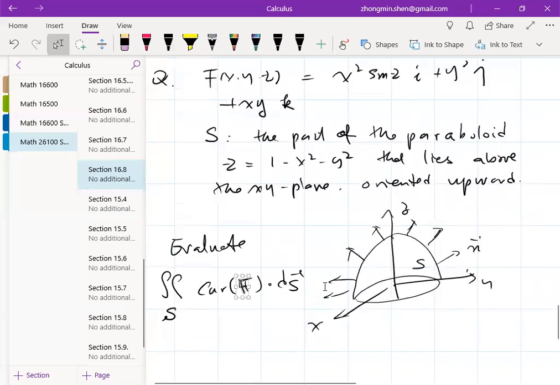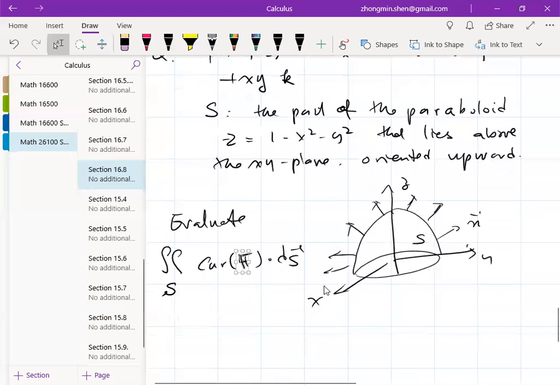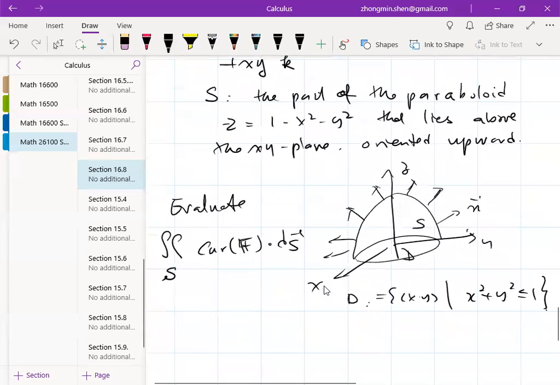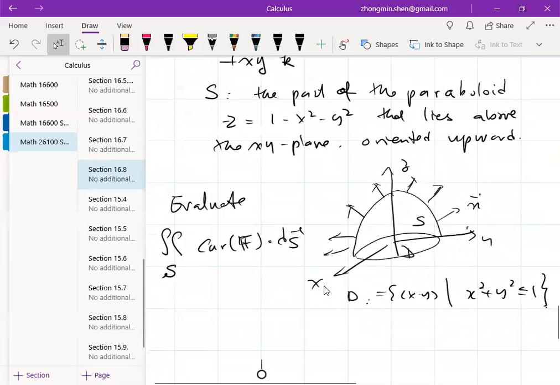Then you still have to find the Jacobian, or the area element. Then you have another double integral over D, where D is x squared plus y squared less than 1. So you have to parameterize this surface. It's complicated, okay?